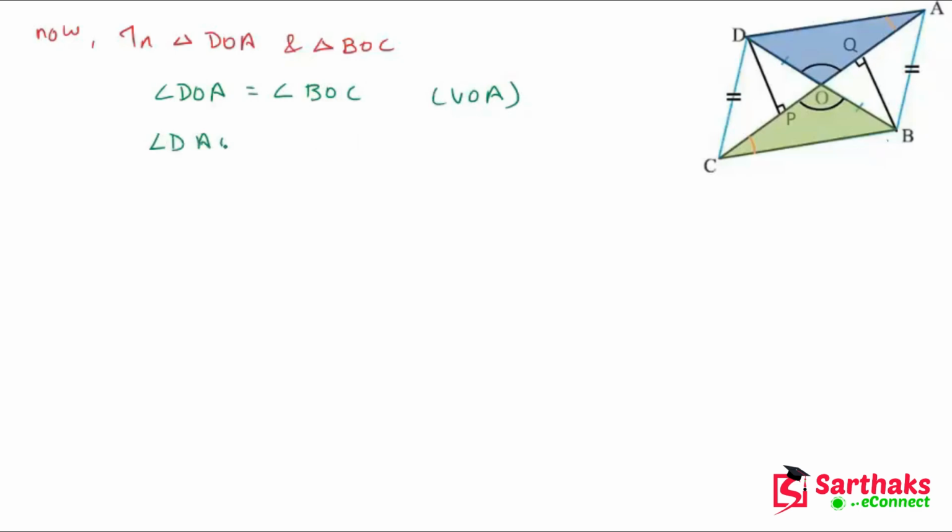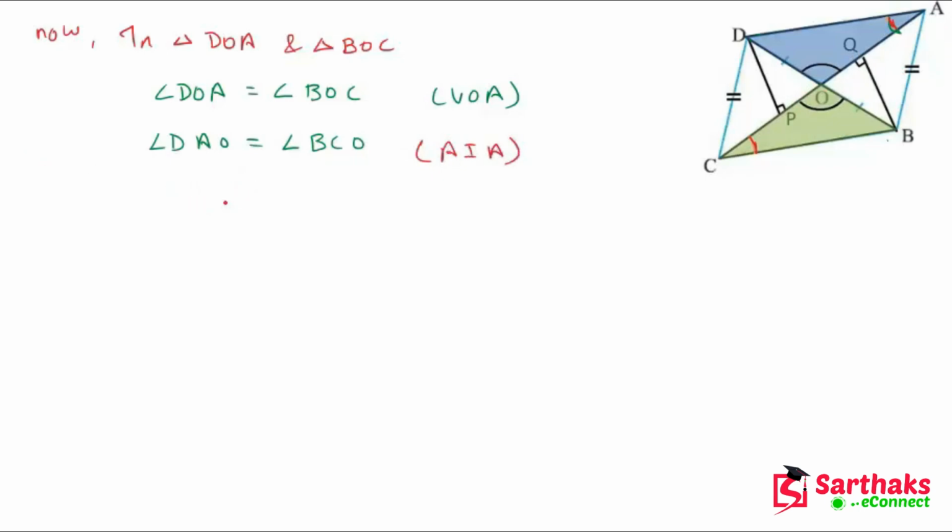And angle DAO is equal to angle BCO. Angle DAO means this angle and angle BCO means this angle. They are alternate interior angles because we know that AD is parallel to BC, and AC is the transversal. So these two angles are equal because they are alternate interior angles.